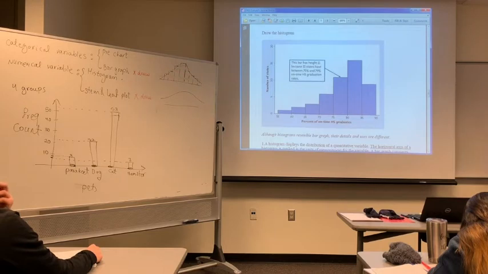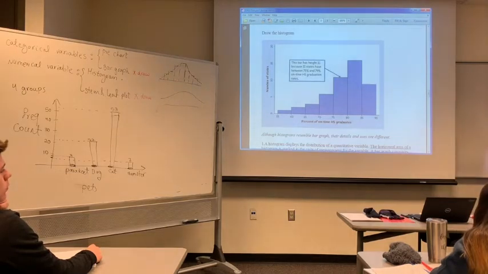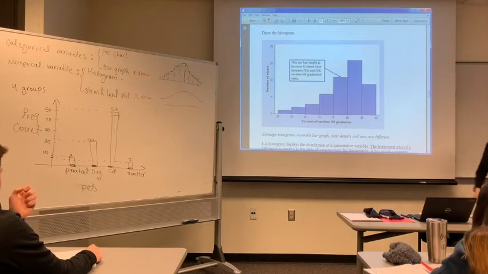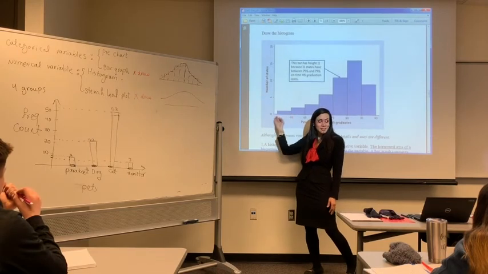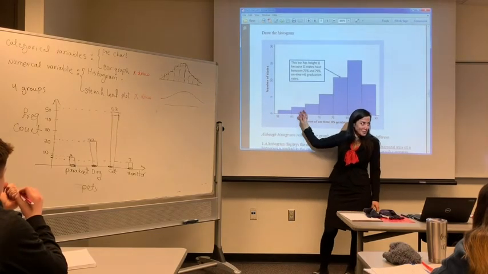Look at this. What is the shape of this histogram? Exactly. Left skewed because it's extending to the left side, correct? And the skewness is on the left side. This is a left skew.